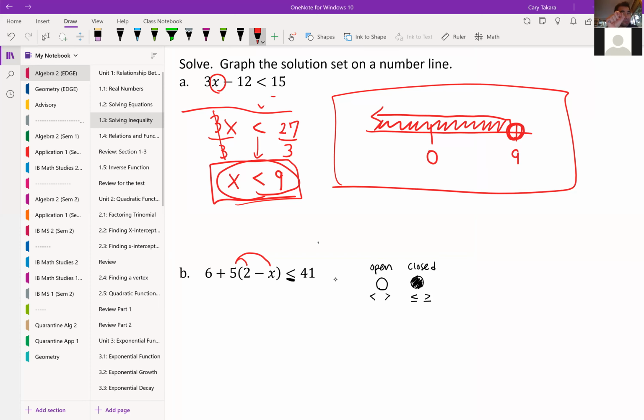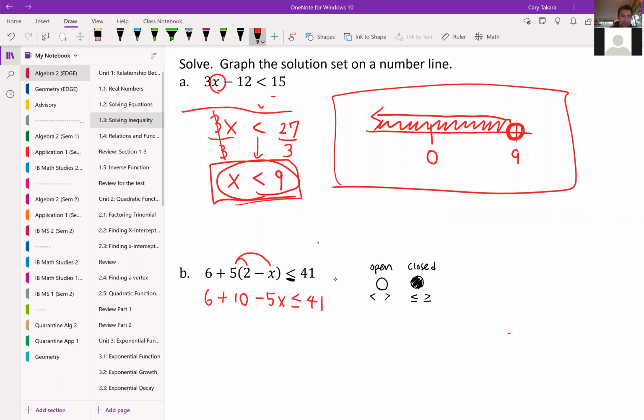Because distributing means multiply, isn't it? Multiplication and division come before addition and subtraction, right? And so you don't want to do that. So you've got to distribute. So that's kind of a tricky question, isn't it?